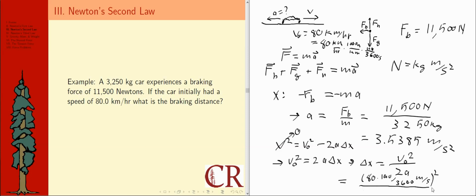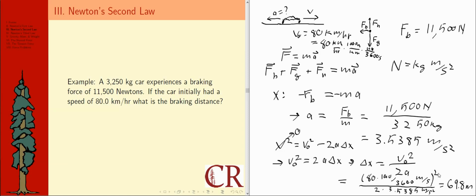And all of that is divided by 2 times the 3.5385 meters per second squared. Then I put that into my calculator, and rounding it off, I get 69.8. We're calculating a distance, so I'd expect the unit to be meters.